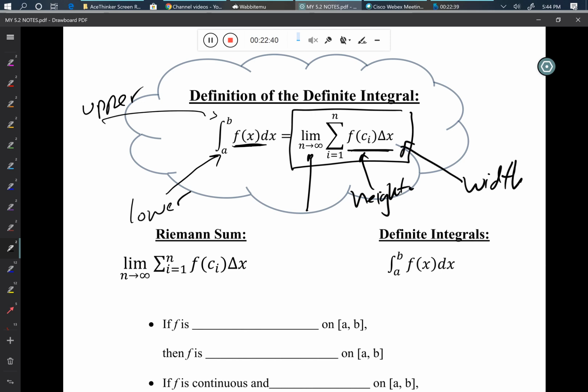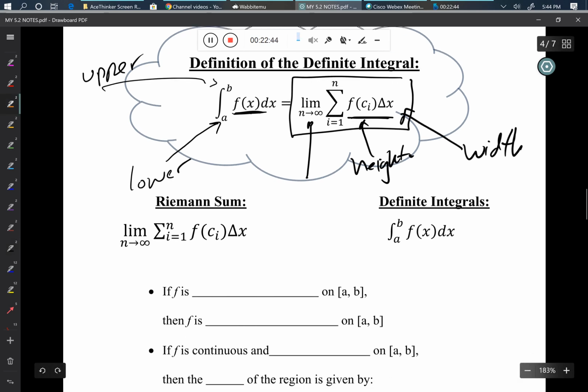Now there are a few things that have to be true for this to work. Our function f must be continuous on that interval for this thing to work. If it's continuous on that interval, then it is integrable on that interval.